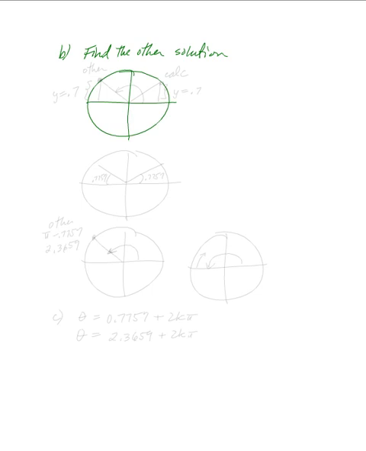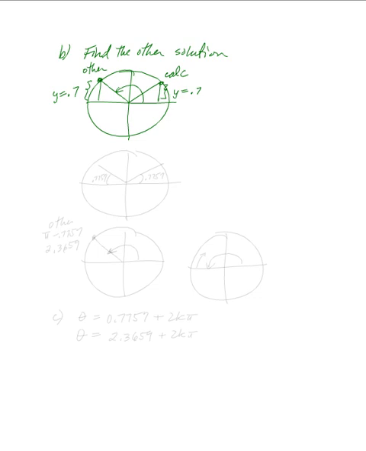If you look on the circle, if this is 0.7, so is this over here in quadrant 2. This is also a length of 0.7. So you want to know what is this angle over here, this rotation. This is the other solution that we're looking for. This was the calculator solution that you were given.